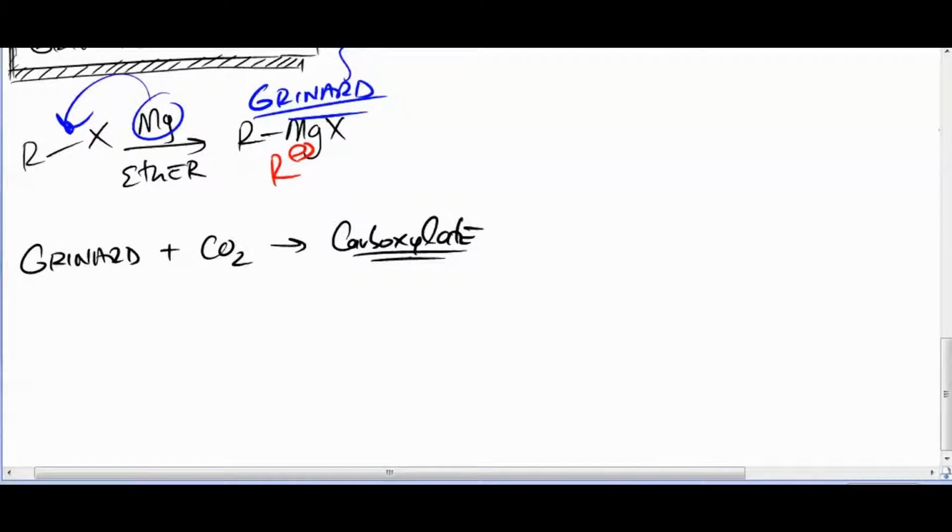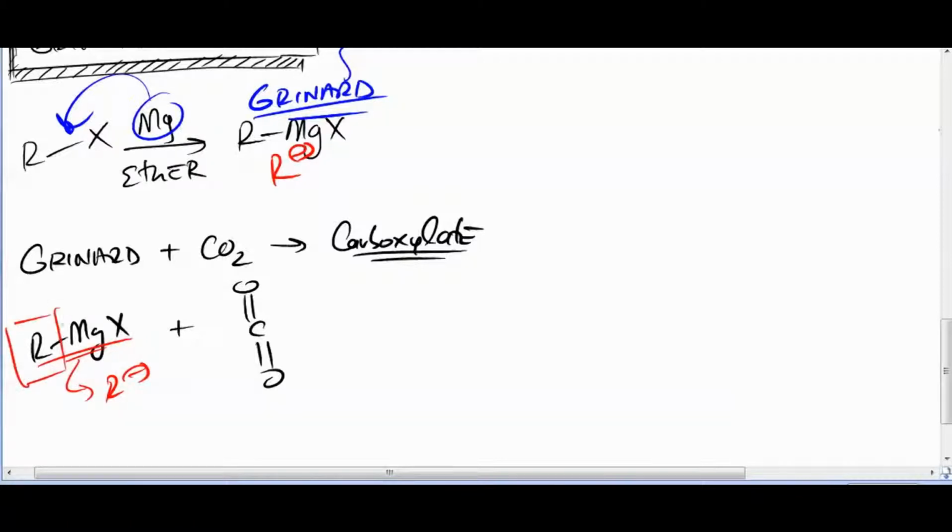So how does that happen? Well, we start off with our RMgX, and this is carbon dioxide. That's how it looks. And remember, we just said that this guy here is just going to behave like R minus. So this section of it is the nucleophile, and you can just ignore this part here.